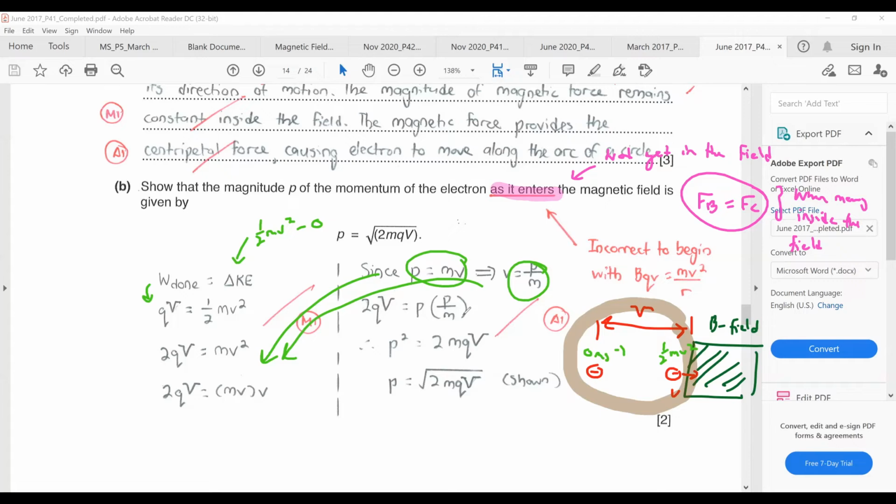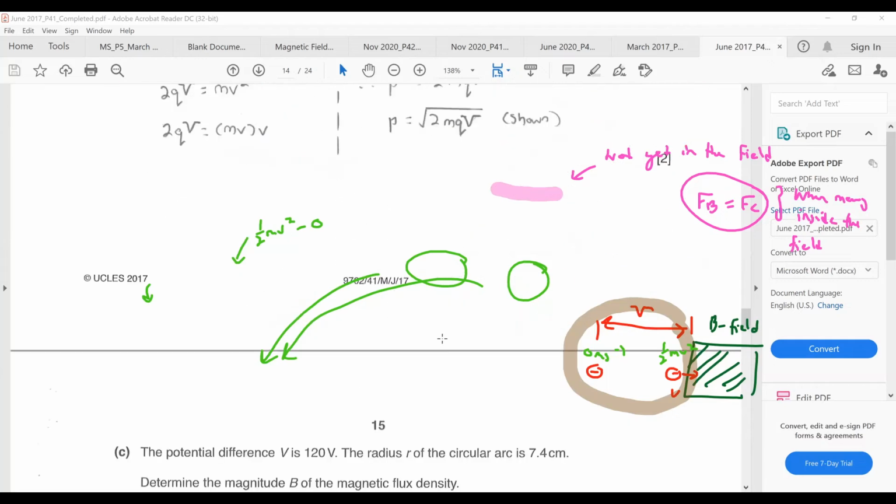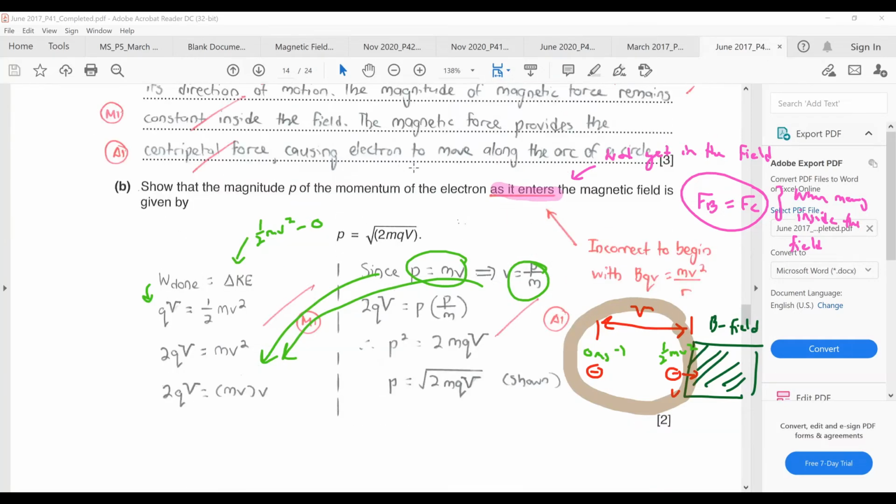So eventually you get your momentum as square root of 2mqV. Okay, so that one is okay. So I'll move on to the next one.